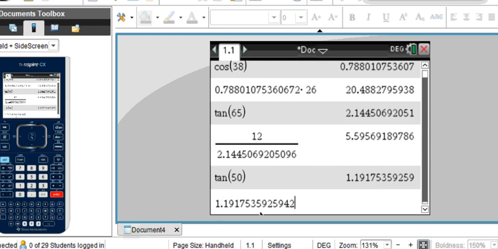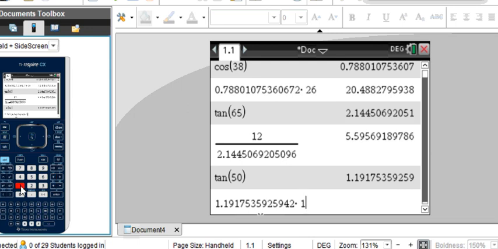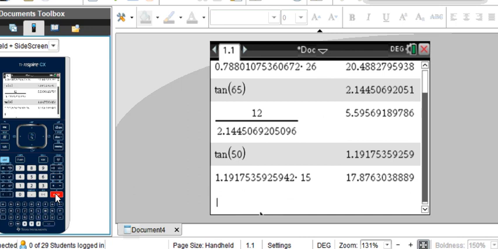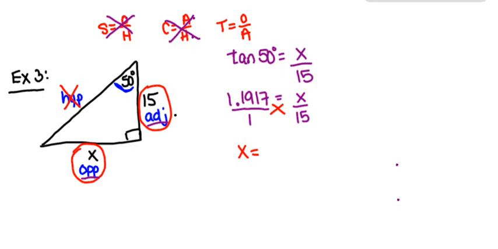So that times 15. And again, notice I drag the whole thing down to the next line. And let's round this to the nearest integer just to be different. So 18. And again, we're rounding to the nearest integer.